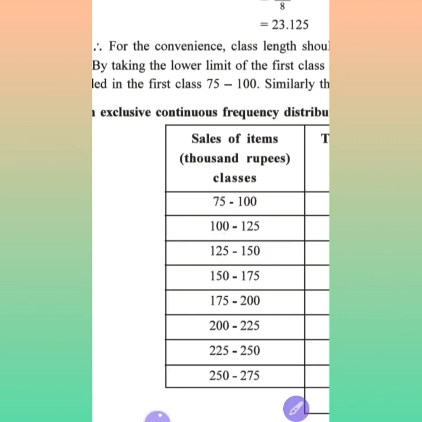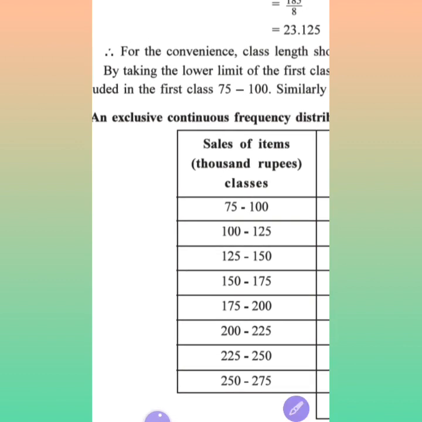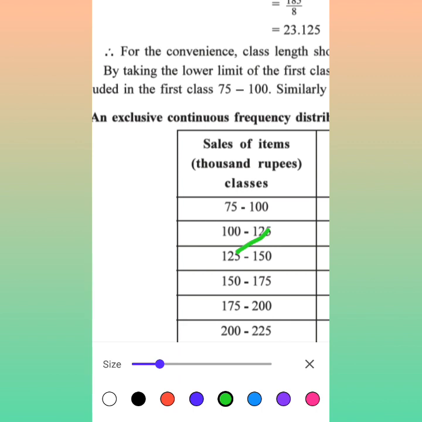In short, in very clear language, you see the numbers 125 and 125 over here, and you would also find 150 and 150 for this given class. When this is the case, this is called an exclusive continuous frequency distribution.